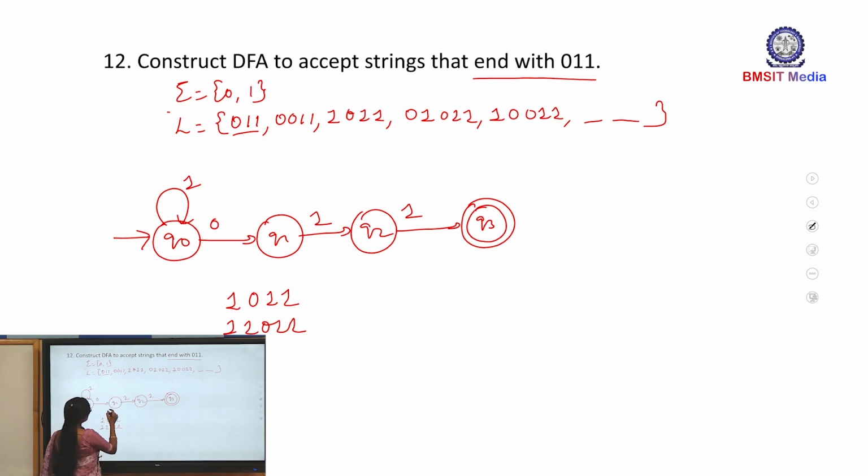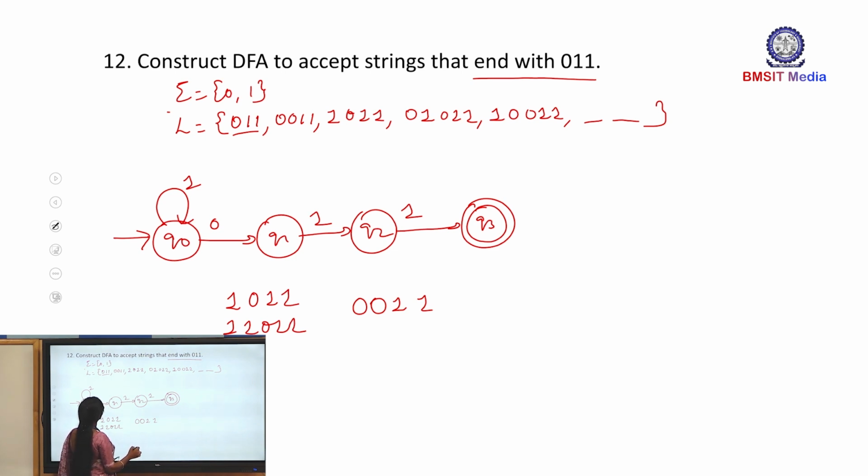And then coming to Q1. When I reach Q1, you can see that after seeing a 0, I reach Q1. Now Q1 already has a transition on seeing a 1. What happens when Q1 accepts 0? When I have a 0, I should ensure that the string ends with 1, 1 here.